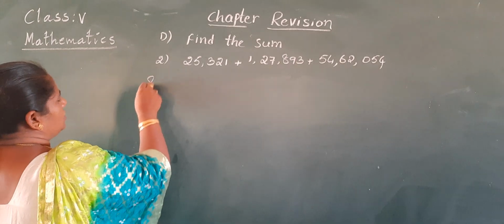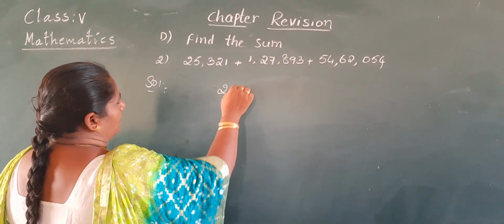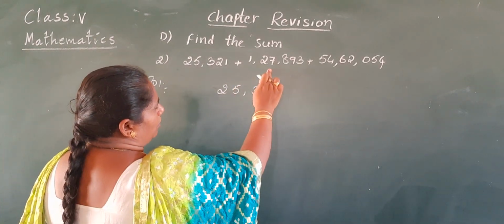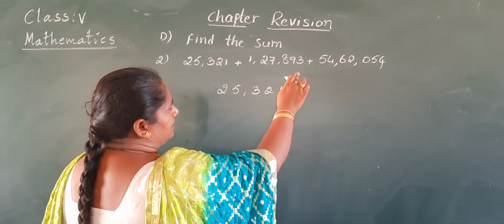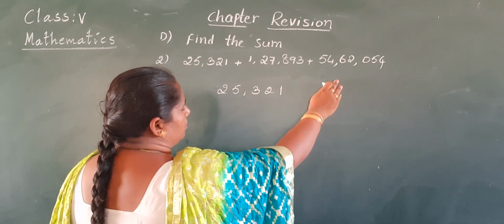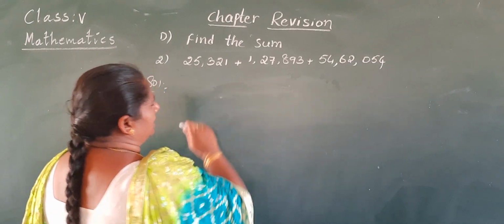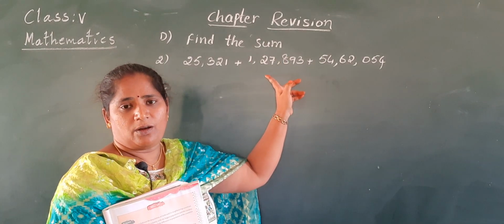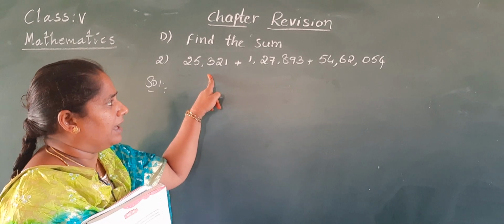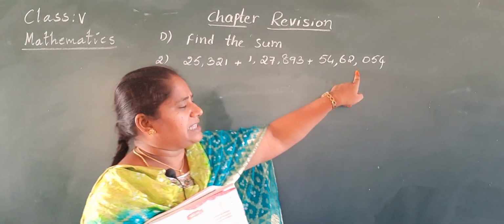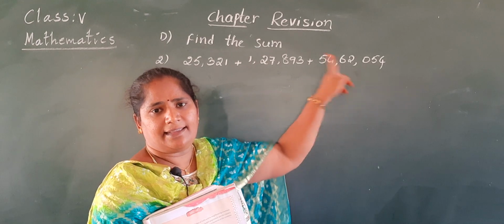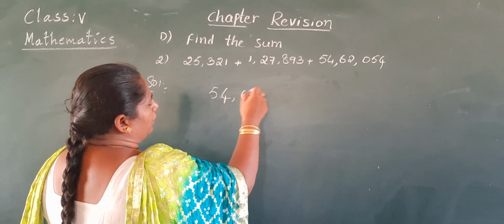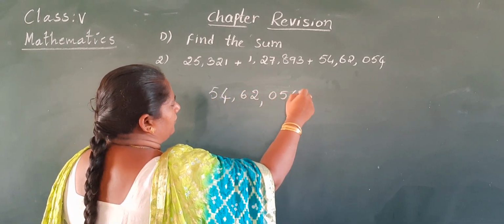Now you have to arrange these numbers: 25,321, 1,27,893, 54,62,054. My dear children, don't write this one. In this case, first you write the big number on the top. See here, this is a 5-digit number, this is a 6-digit number, and this is a 7-digit number. The 7-digit number is bigger than the remaining two. So first you write the big number on the top: 54,62,054.